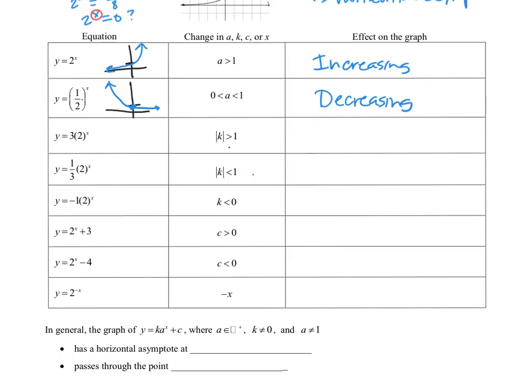The next thing I want to look at is what happens when we have a coefficient, where that absolute value could be bigger than 1 or smaller than 1. So type in this function, y equals 3 times 2 to the x.